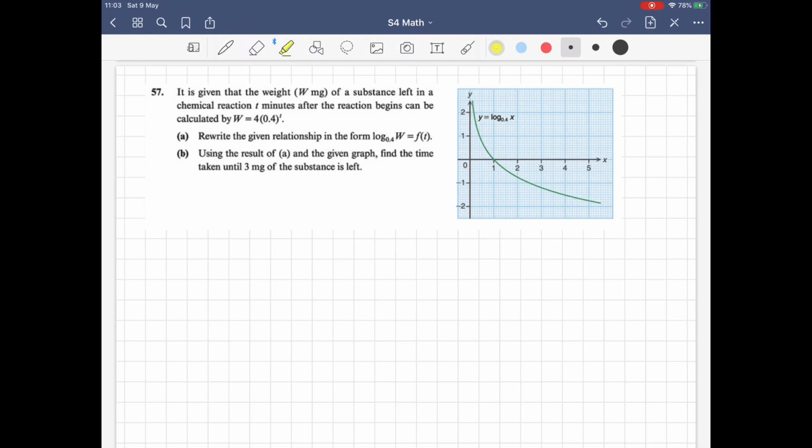Then finally, I will talk about question 57, part A. In this question, it asks you to rewrite the given relationship in the form of log w with base 4 equals f of t. Okay, so we'll start with w equals 4 times 0.4 to the power t.